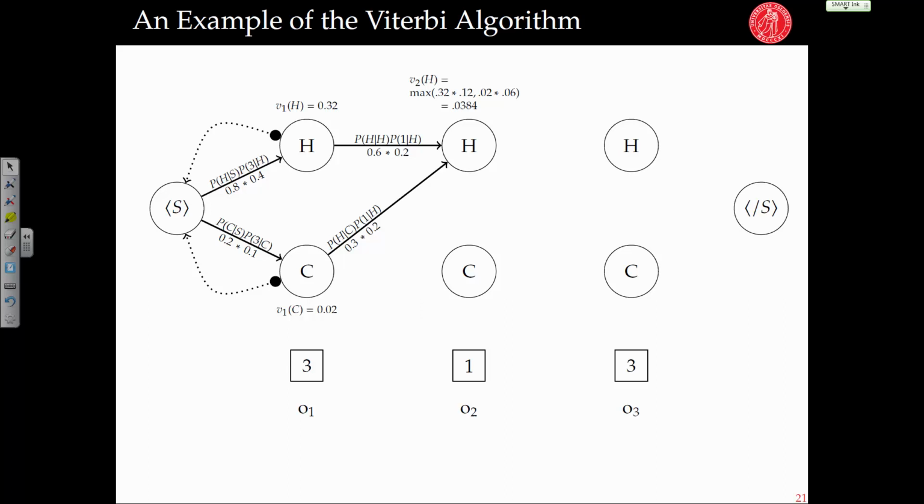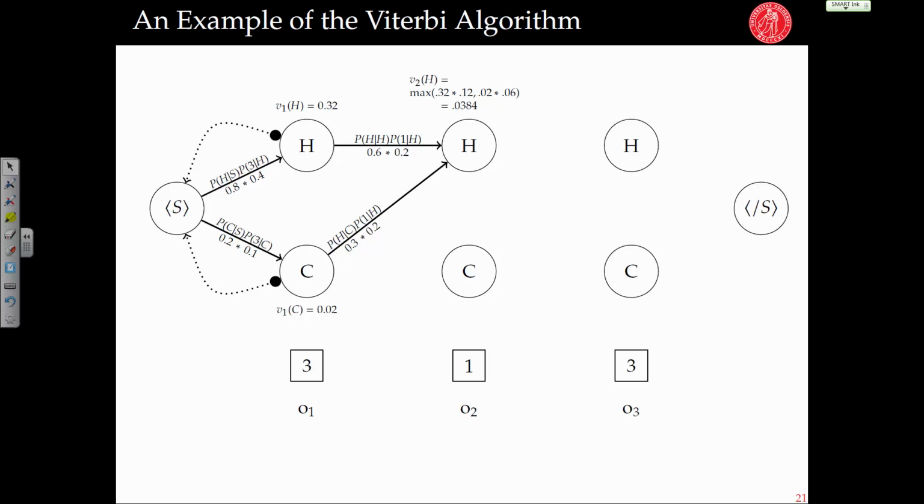Normally, the basic components are the transition probability and the emission probability for each of these cases, but now we will add the Viterbi value. So V2 of H is the maximum of the following two options. One is V1 of H times the transition probability from H to H and the emission probability of 1 given H. And the other one is V1 of C times the transition probability from C to H and the emission probability of 1 given H.